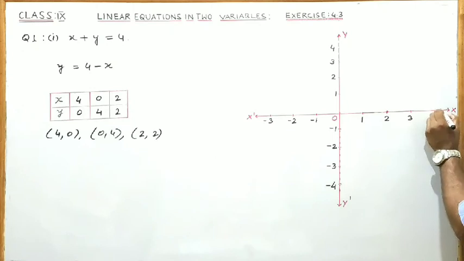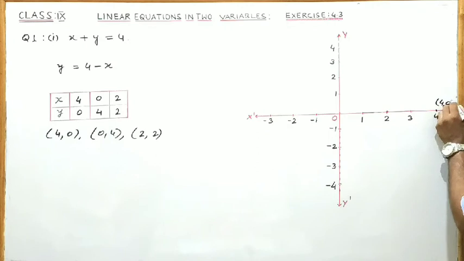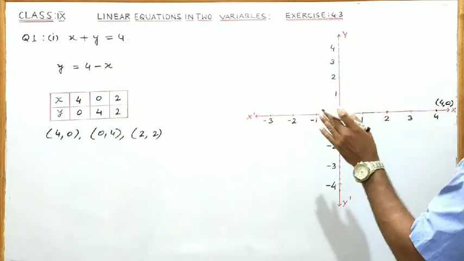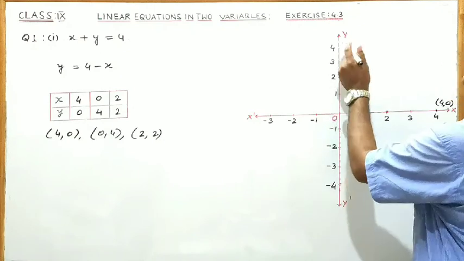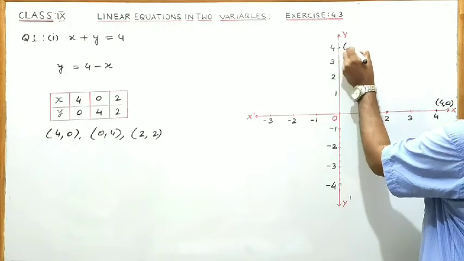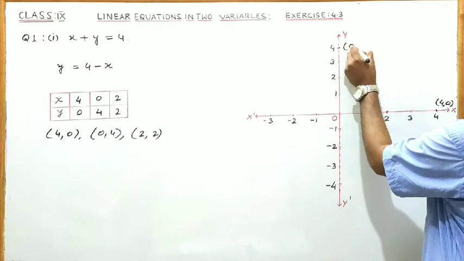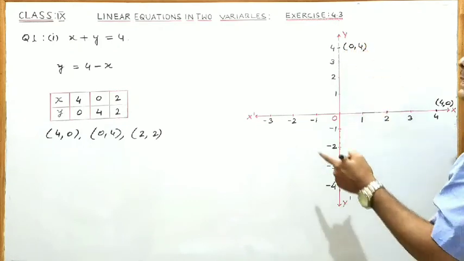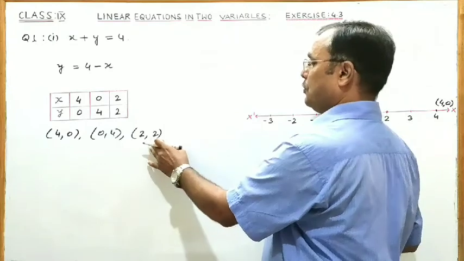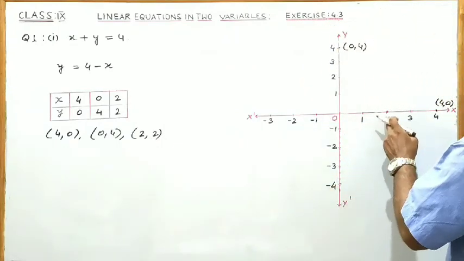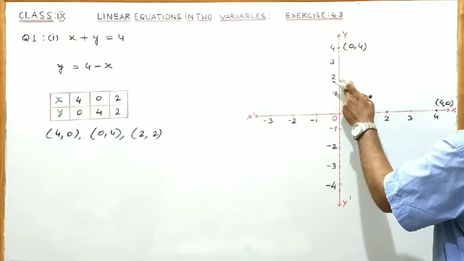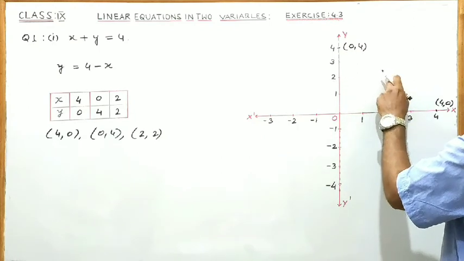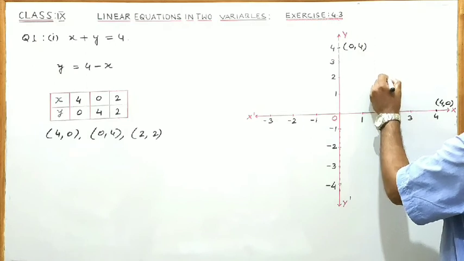So x equal to 4, y equal to 0. So this is the point on x axis. Next point is 0, 4, x equal to 0, y equal to 4. So this point is on y axis. Third point is 2, 2, x equal to 2, y is also equal to 2. So it will be this point.